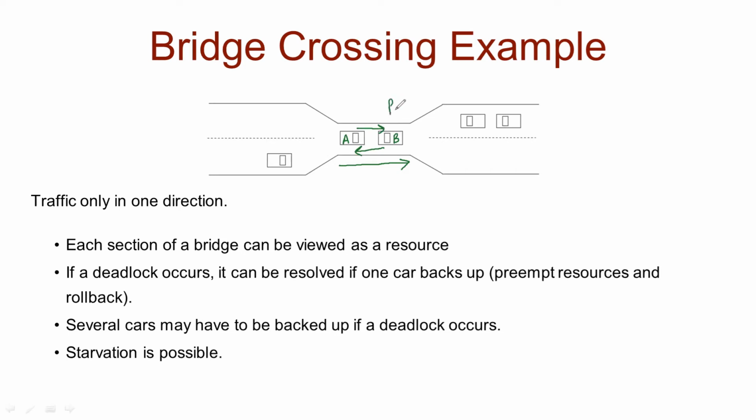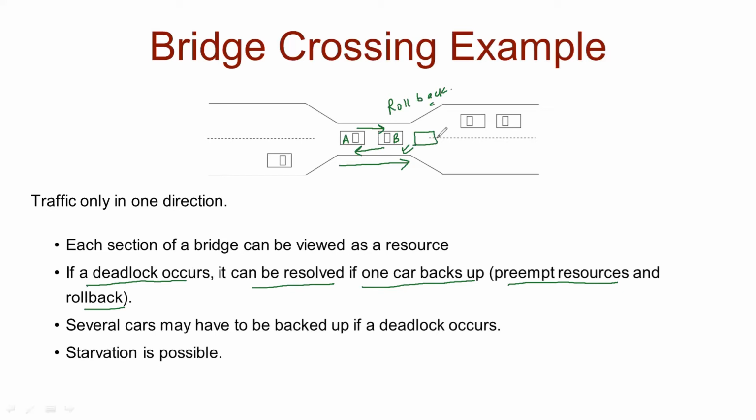One of the cars has to roll back so that the other car can pass, after which B can pass. So if a deadlock occurs, it can be resolved if one car backs up. It means in terms of processes, if it releases all the resources that it has, or its resources are preempted and it rolls back. Now in this diagram, just one car is shown which has to be rolled back, either A or B.